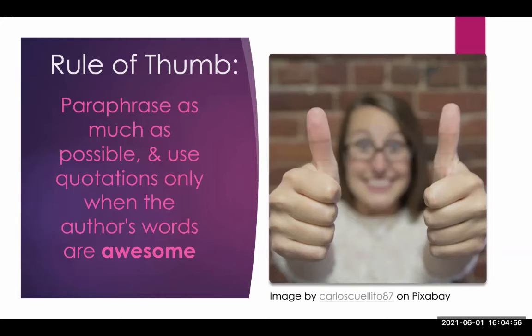And that helps you to build an argument and to understand how the pieces all hang together and how to make a coherent pitch as you're writing your research papers. So, only use the author's actual words when the way that they express themselves is so much better than you could ever possibly do yourself.